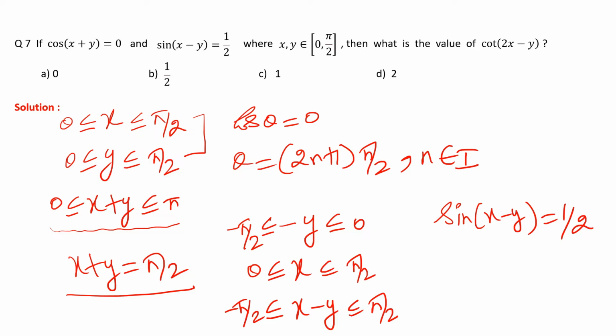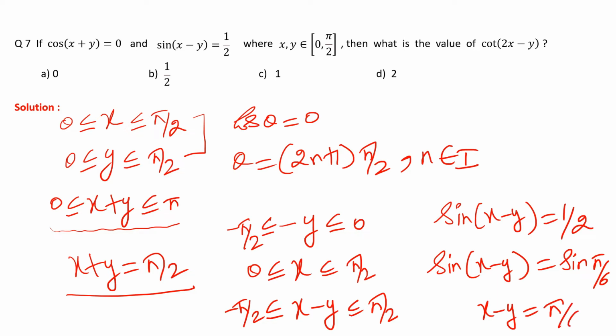So in the first quadrant, sin of (x minus y) equal to half means sin of (x minus y) must be equal to sin of pi by 6. So this means x minus y is just pi by 6.